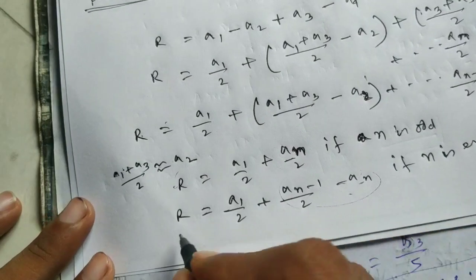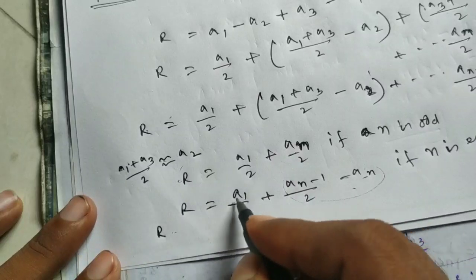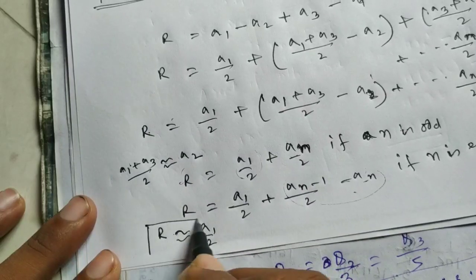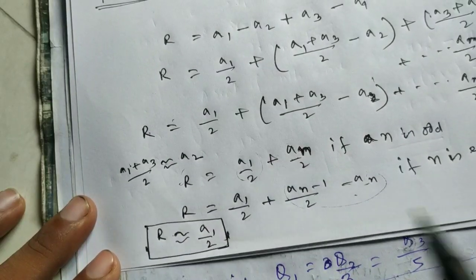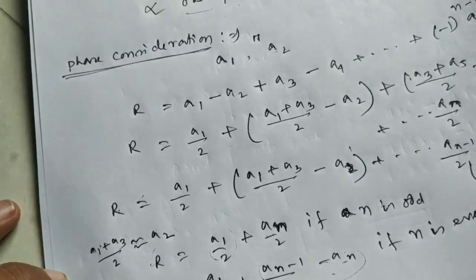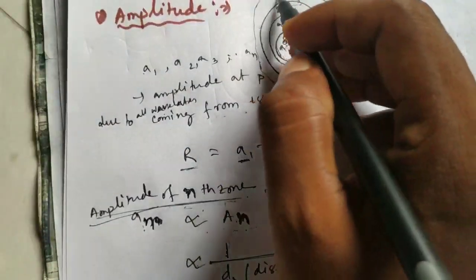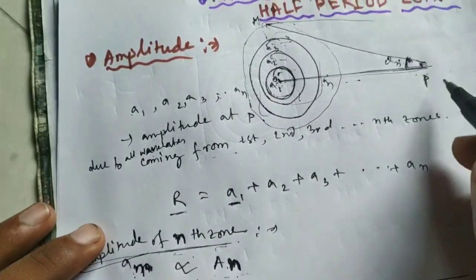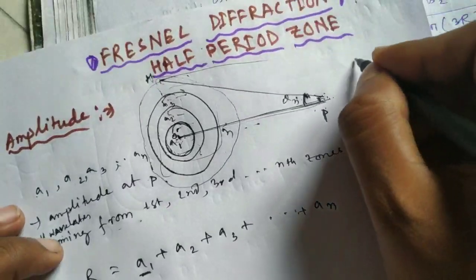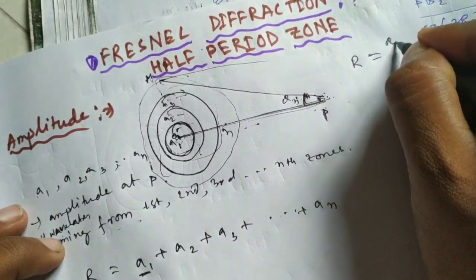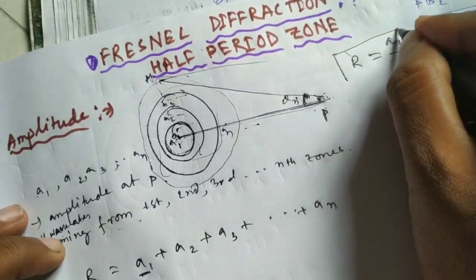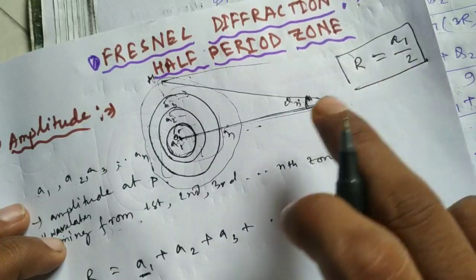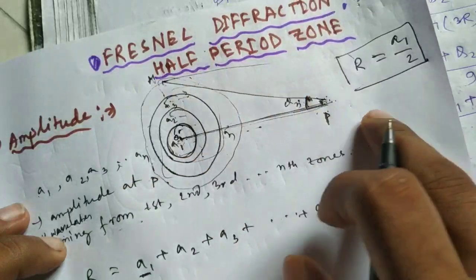So the resultant R, the dominant factor, is nearly equal to A1 by 2. This is the resultant disturbance at point P for all half period zones of the zone plate.